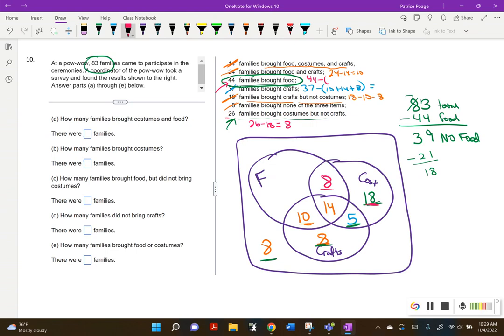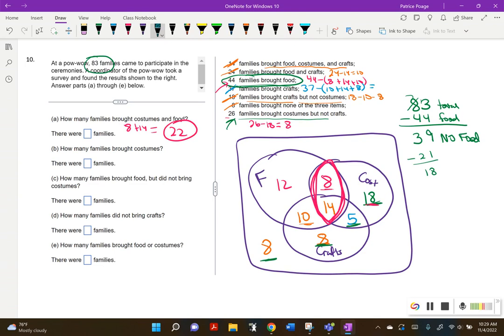So we'll do 44 minus all the numbers in the food circle, and that's going to leave us with 12. It says how many families brought costumes and food? Costumes and food. So that's this football right here. So we're going to have 8 plus 14, which is 22.